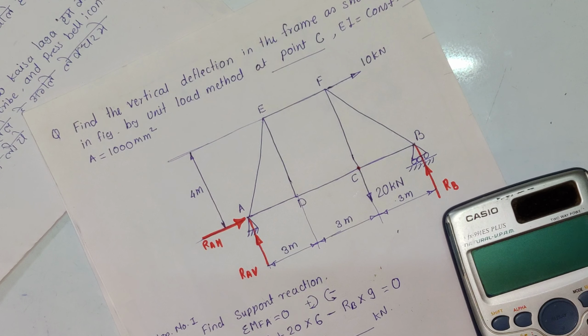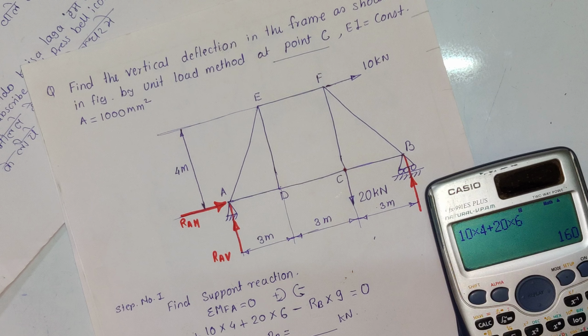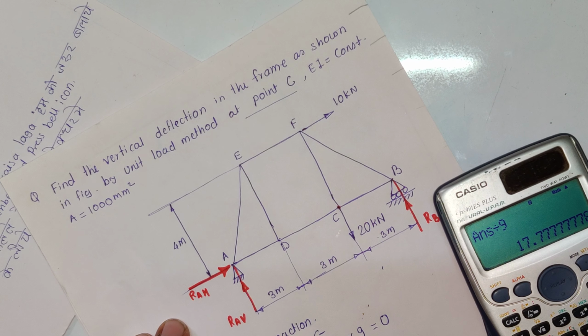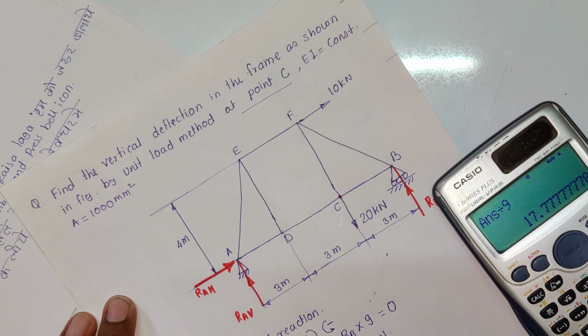So now we'll calculate value of this, that is 10 into 4 plus 20 into 6 divided by 9. So answer is 17.77 kilonewton. We'll find second reactions by considering summation of Fy is equal to 0.